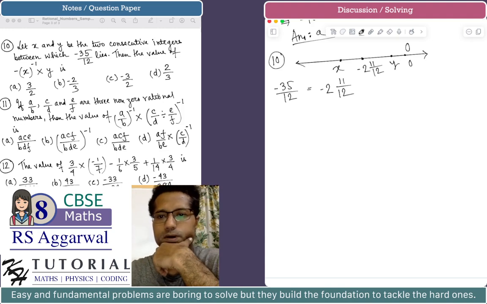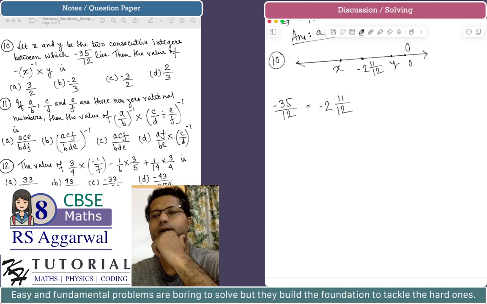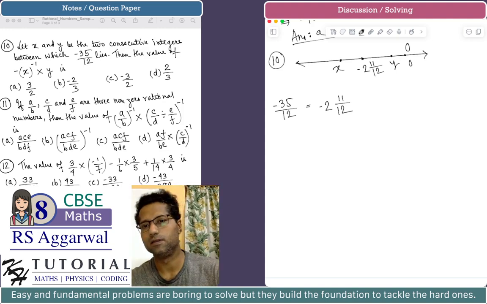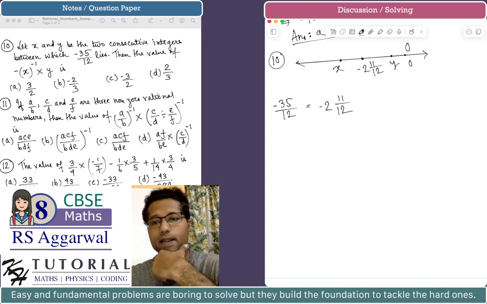What can we say from this number line situation? We have two integers. Definitely x and y are negative integers, since the rational number minus 2 and 11 by 12 is a negative rational number lying between two integers x and y, and x and y are consecutive integers.